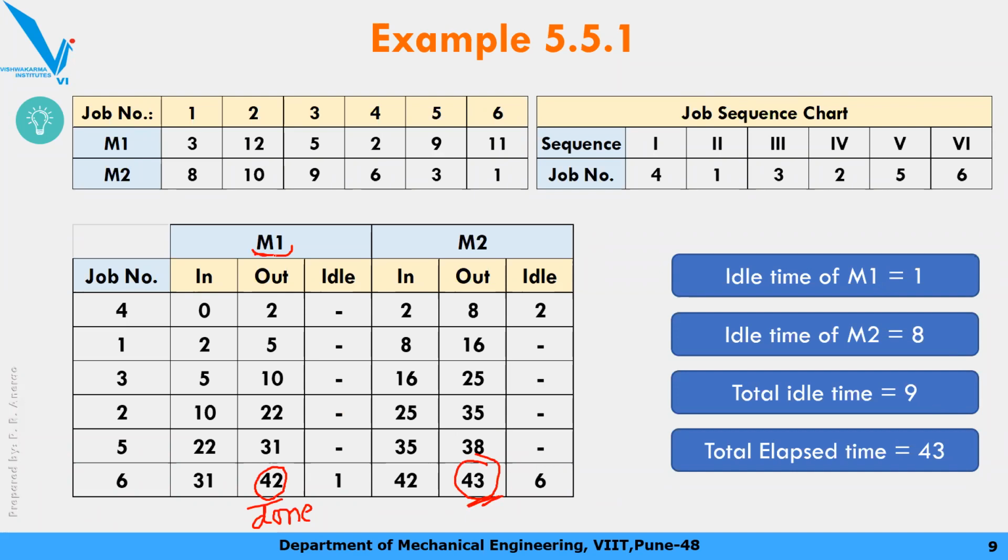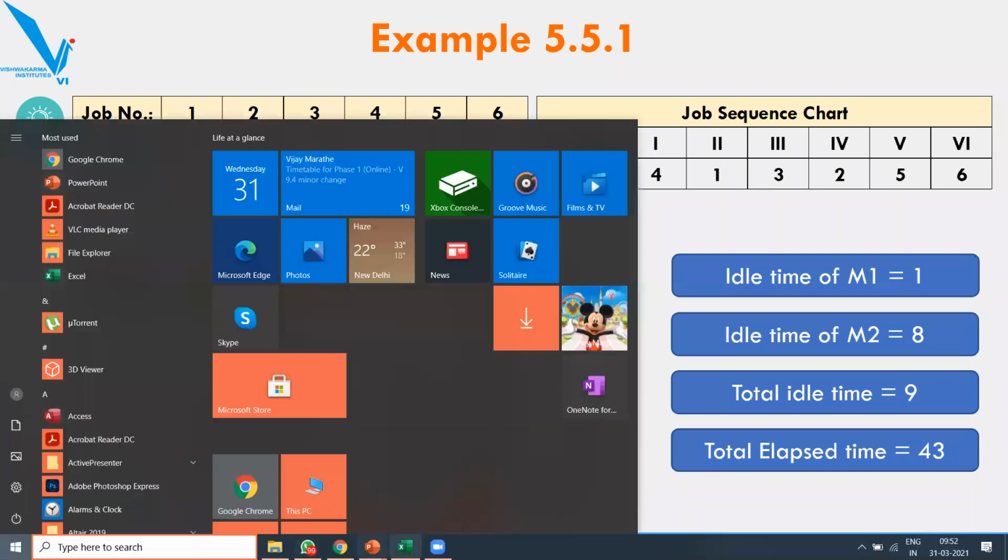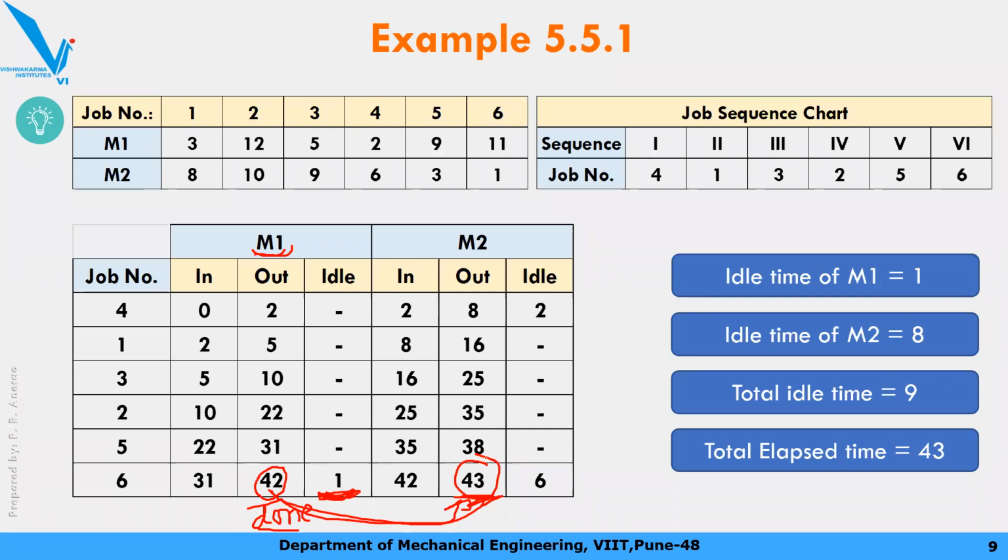So machine 1 is not working on any job up to 43. So this 42 to 43 is the idle time for machine 1. Your second job will come after that, not right now. So for this duration machine 1 is idle. Okay, clear? Thank you.